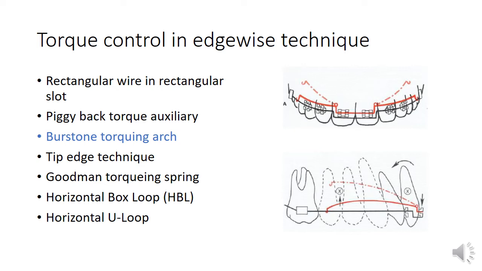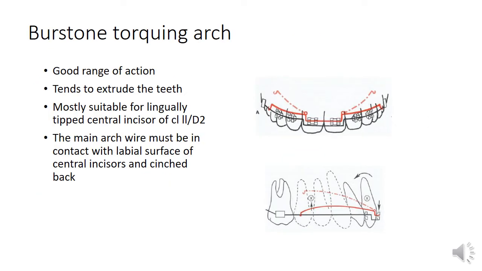The segment of the base arch that rests against the labial surface of the central incisors prevents the crowns from going forward, and the result is efficient lingual torque of the central incisors' roots. Because the stabilizing arch wire prevents facial tipping and extrusion of the central incisors, the result is lingual root torque with optimum force over a long range.